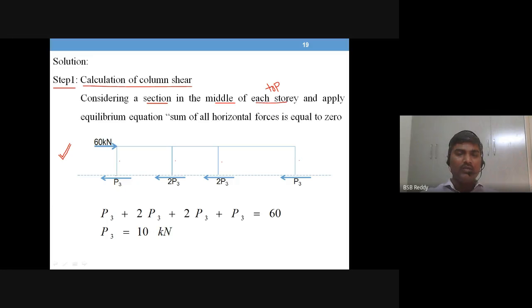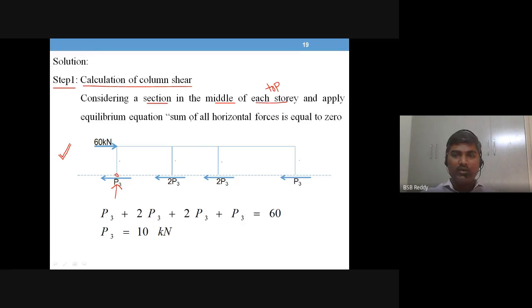So a column has now got three internal forces. Got it. So what are they? Shear, bending, axial load. At this point where you have cut the frame, you had a hinge there, right? So there is no bending moment there. Bending moment is zero. There is a horizontal reaction, and you have a vertical reaction also here.